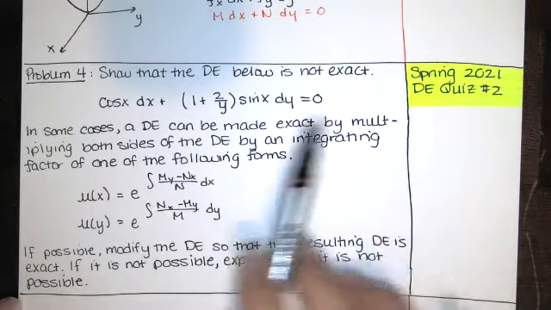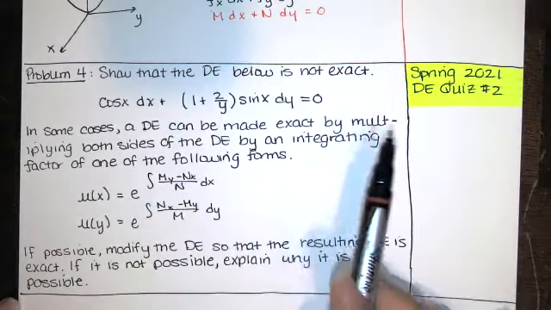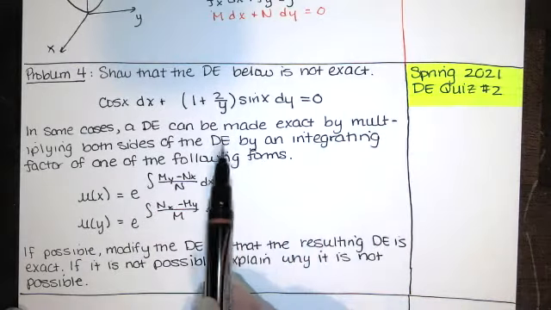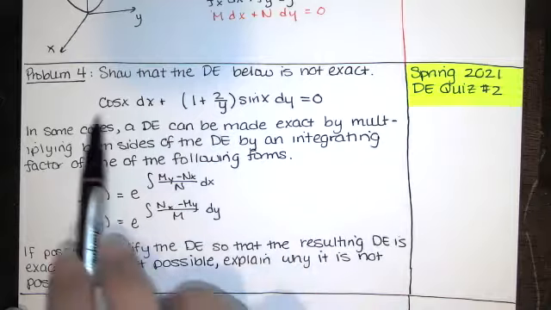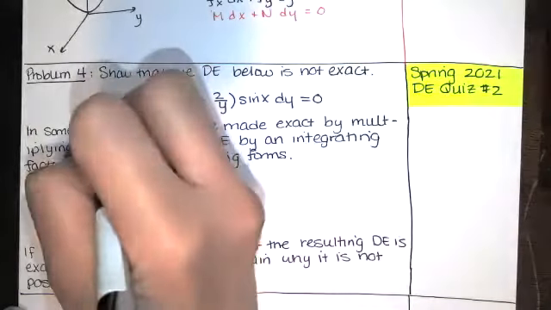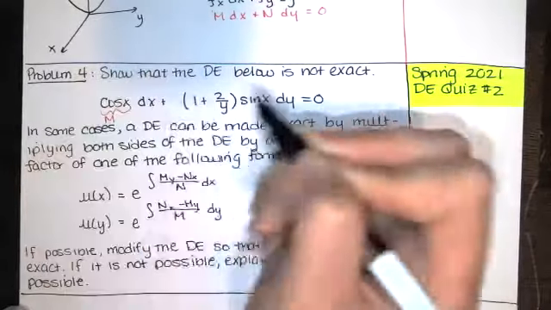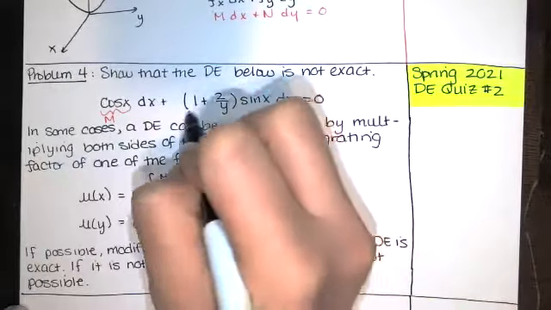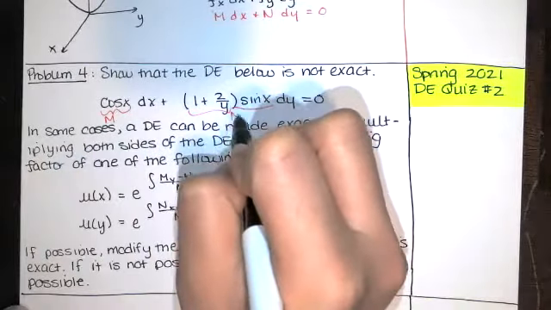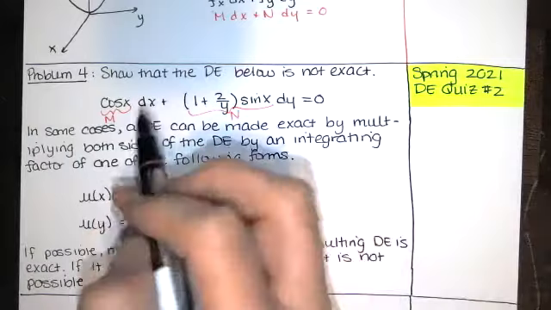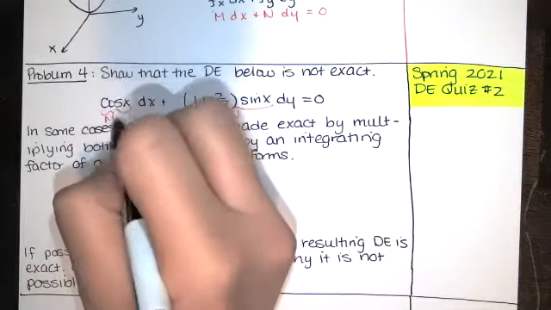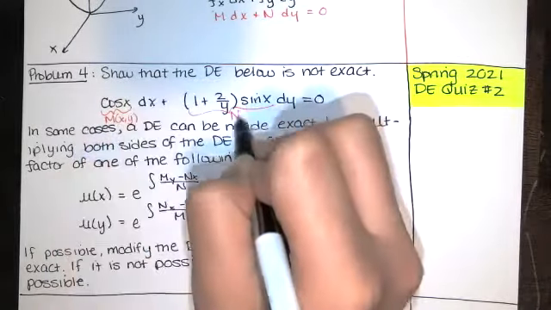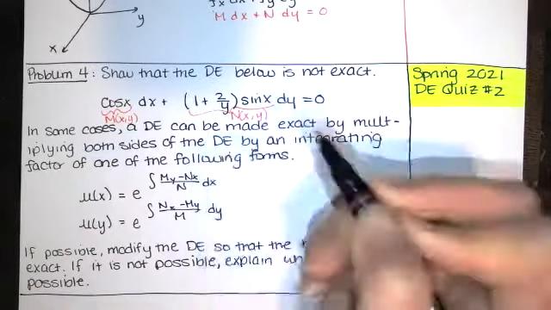Okay, let's do this part first. It says, show that the differential equation is not exact. Well, a differential equation written in this form is exact if the derivative of this function with respect to y is equal to the derivative of this function with respect to x. In our class, we're labeling this function M of x and y, and we're labeling this function N of x and y.